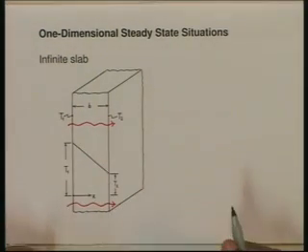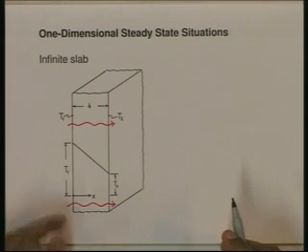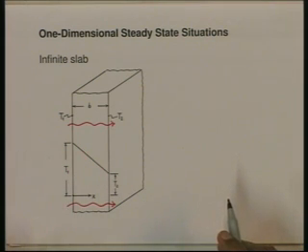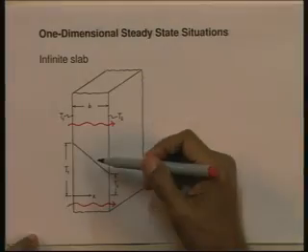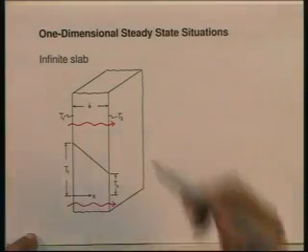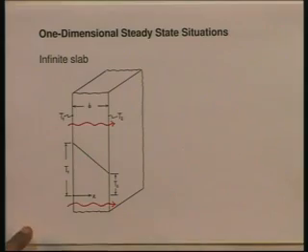I would like to derive an expression for the rate at which heat flows across this slab, and an expression for the temperature distribution in this slab. That is what I am trying to do. The way I will proceed is to use Fourier's law of heat conduction and the first law. These are our basic tools for solving the problem.